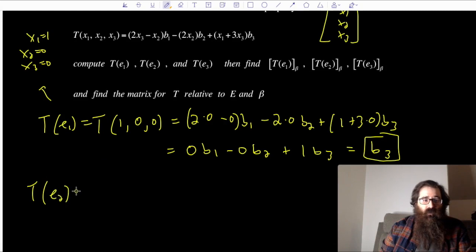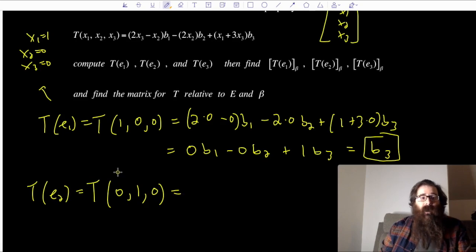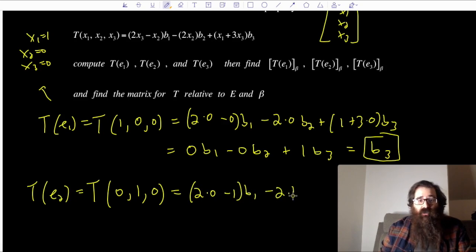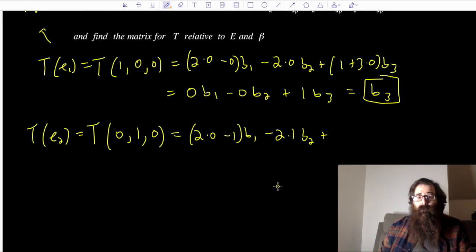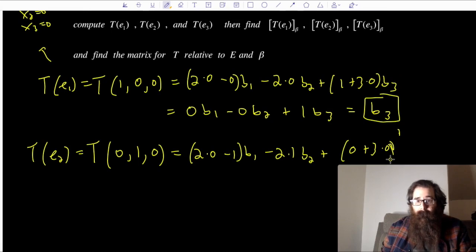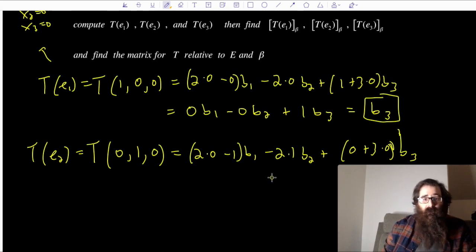T of e sub 2 is going to be T of (0, 1, 0). So now x sub 1 is 0, x sub 3 is 0, but x sub 2 is 1. If I plug this into the relationship, I'm going to get (2 times 0 minus 1) times b sub 1 minus 2 times 1 times b sub 2 plus (0 plus 3 times 0) times b sub 3, since x sub 1 and x sub 3 are the only terms in that last piece.